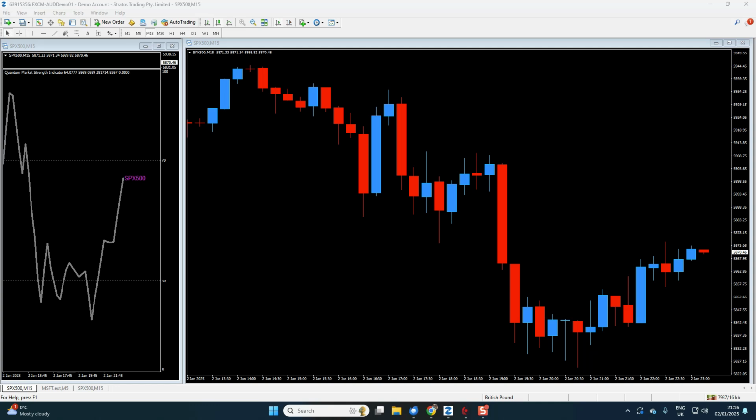And many of the principles and ideas behind the Currency Strength Indicator can be ported across and applied to the Market Strength Indicator in the same way.